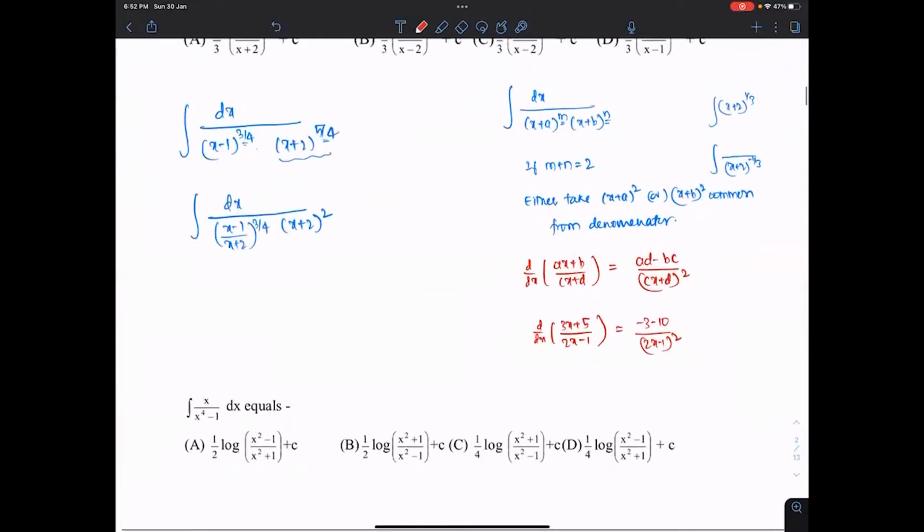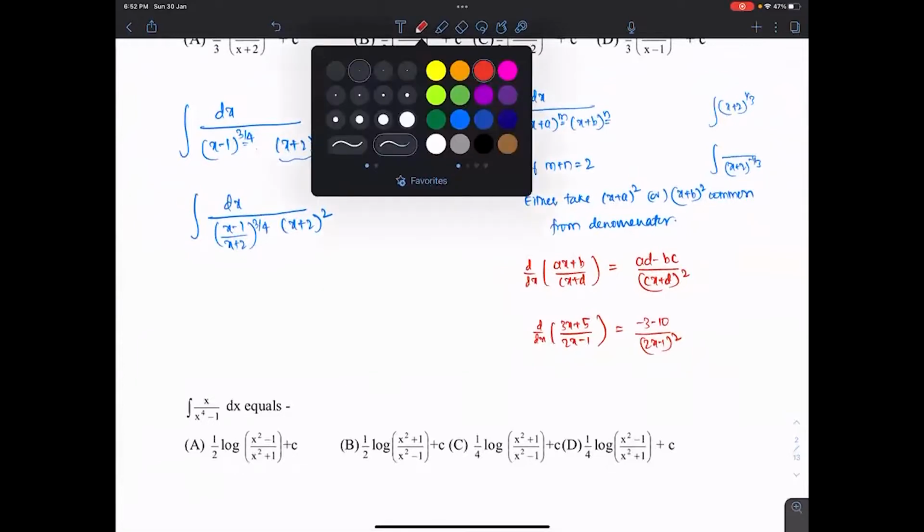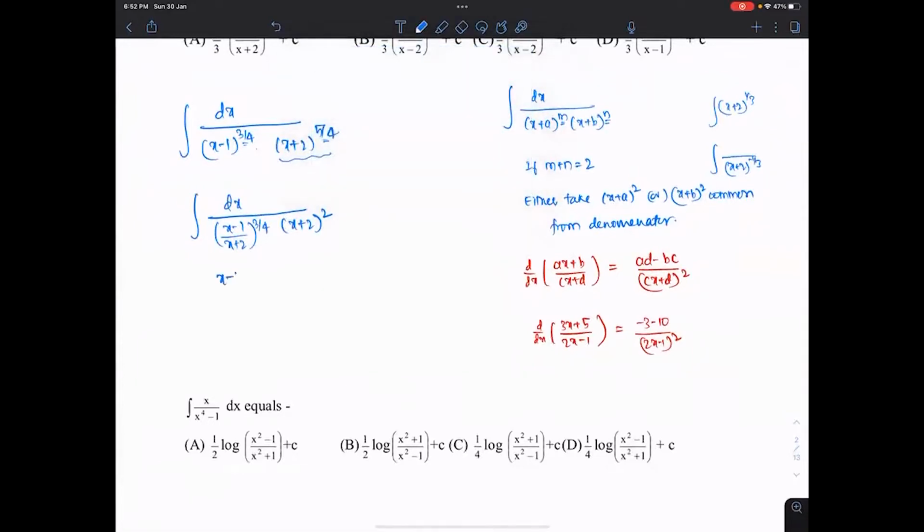Okay. So here, in this question, take x minus 1 by x plus 2 as t. Then its derivative, ad minus bc, 2 minus of minus 1, by x plus 2 whole square, dx will be dt. That is, dx by x plus 2 whole square will be dt by 3.